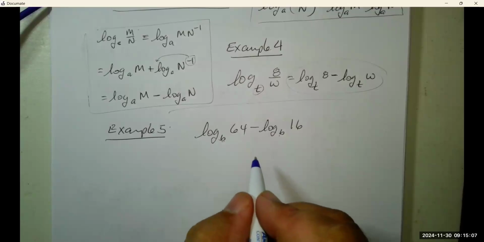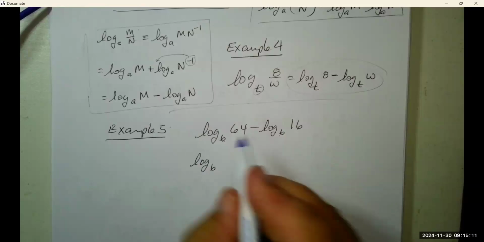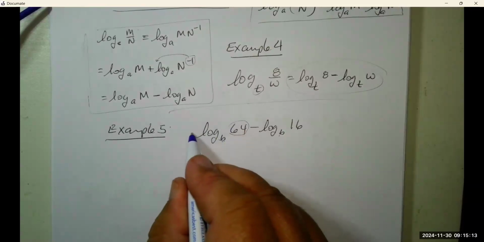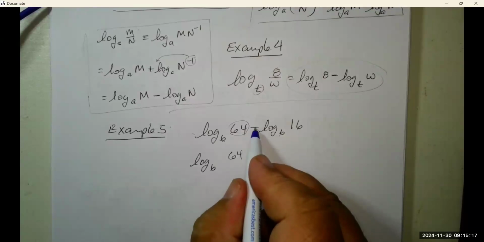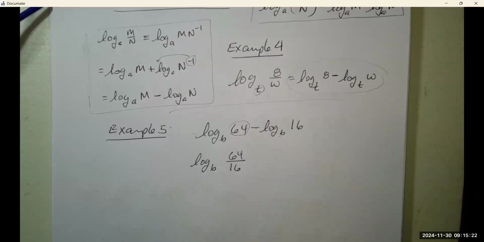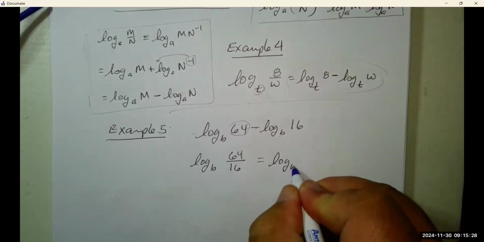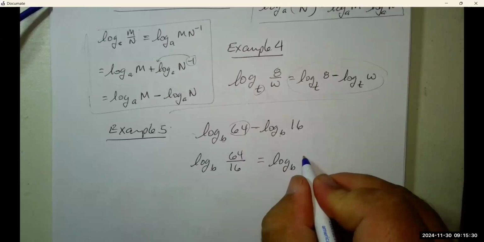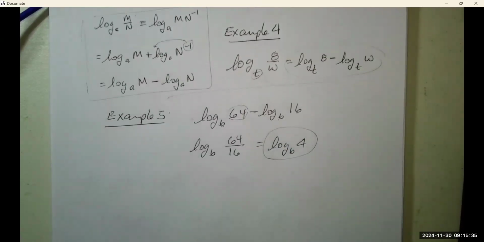Since they're the same, I could pretty much factor that out. If it has a positive coefficient, it goes on top. If it has a negative, that number goes on the bottom. So now we can simplify this. 64 divided by 16 is 4. So it's just one way we could simplify our equations.